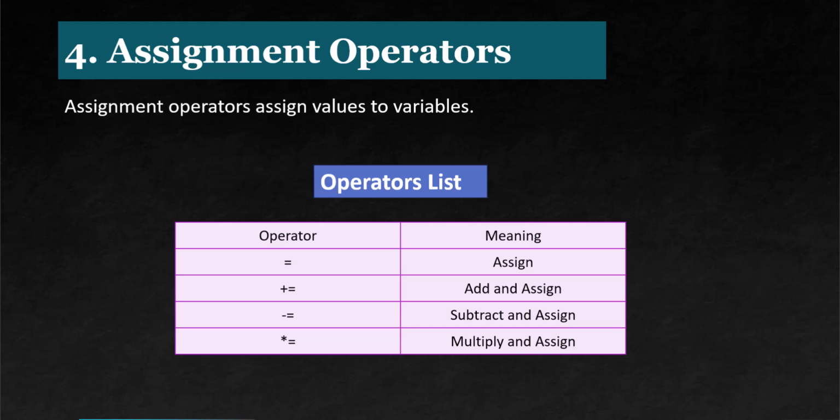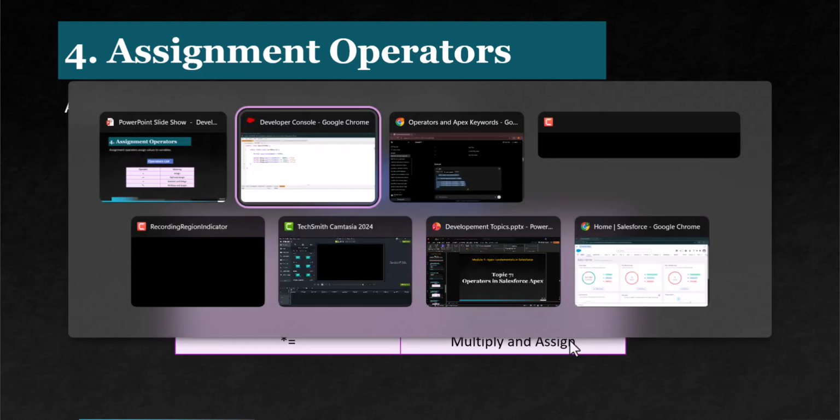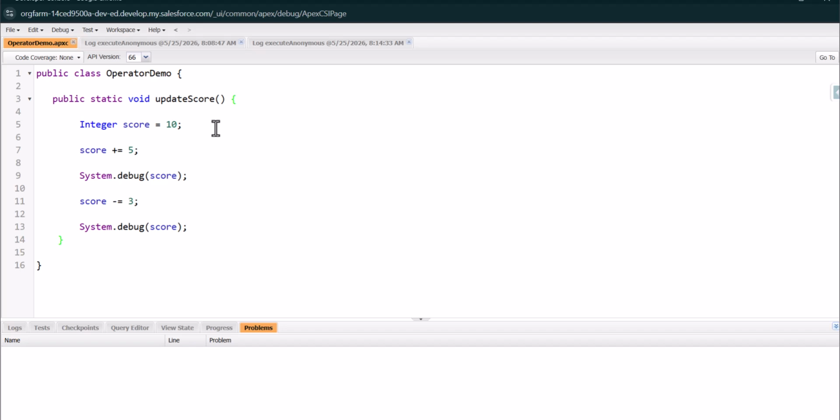For that, again let me navigate to the developer console. So now I declare one integer whose variable name is score, and using the assignment operator, which is the equal to operator, I assign the value 10 to this variable. That means now in this score we have 10 as value. After that, we are using here add and assign. Now what is happening over here?